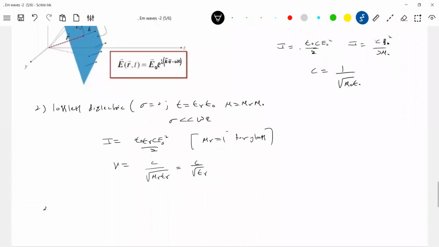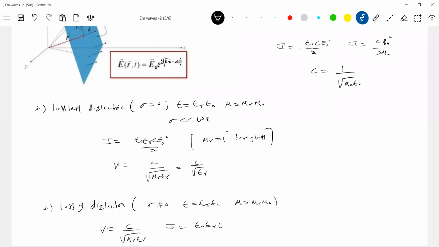Lossy dielectric means where some conductivity will be there. Lossy dielectric means that if a wave propagates through it, some energy will be absorbed by the medium. So the expression for speed of the wave will involve mu r epsilon r, and the expression for intensity is the same thing.